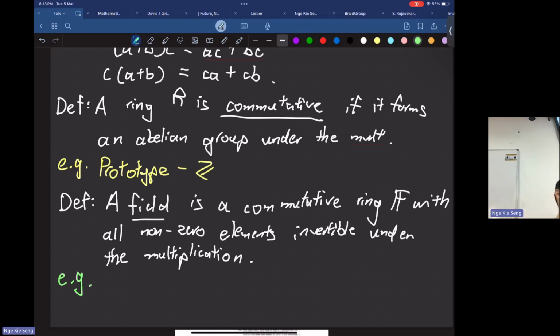Natural numbers. Okay, let's talk about natural numbers first. You can add, but does 0 exist in the natural numbers? Depends on convention: in some we include 0, in some we don't. But even if you include 0, does it form a group under multiplication?